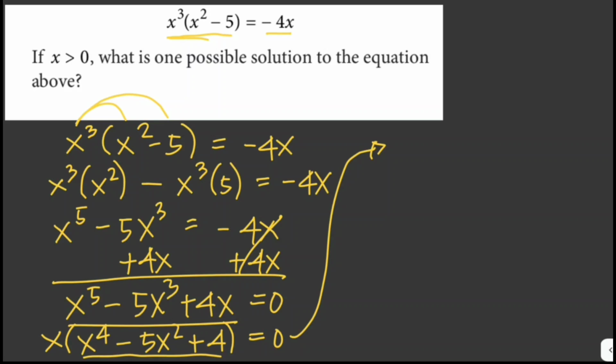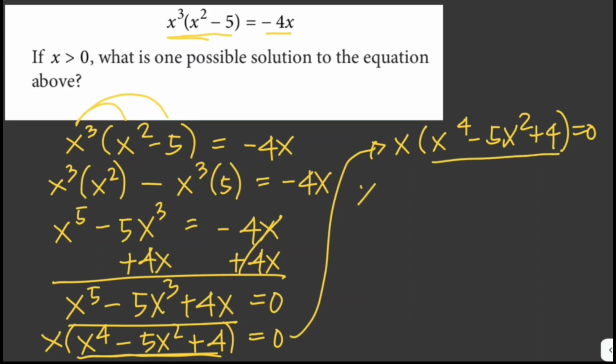Then we can factor this expression: x times (x to the fourth minus 5x squared plus 4) equals 0. Then we can factor this one.